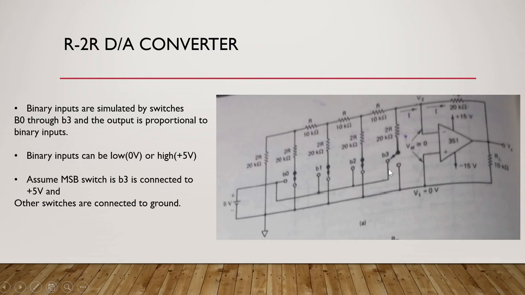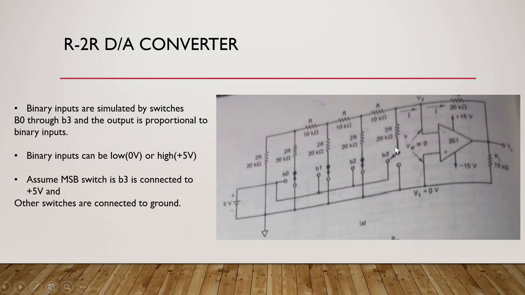So this indicates that 1, 0, 0, 0 is the binary input. For this input word, the switch corresponding to B3 is connected to VR, while the other switches are connected to the ground, so that the voltage at V3 is VR, that is the reference voltage of 5 volt. The voltage at V3 is now 5 volt.